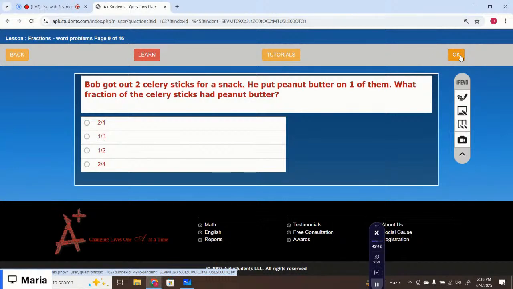Option number 3 is the correct option. That is 1 out of 2.